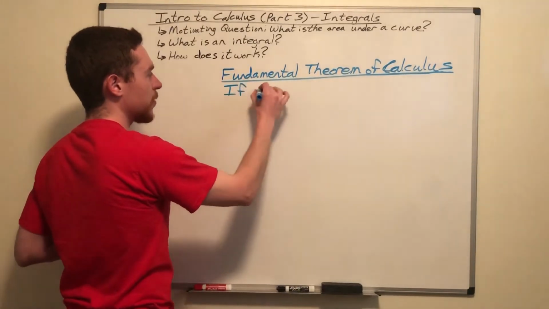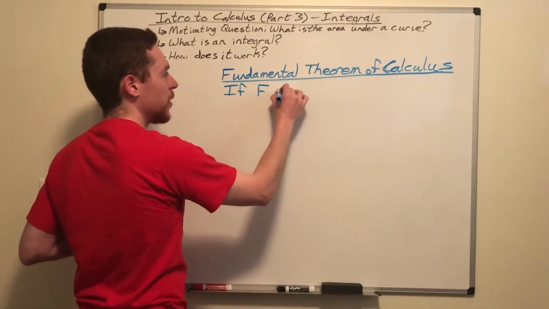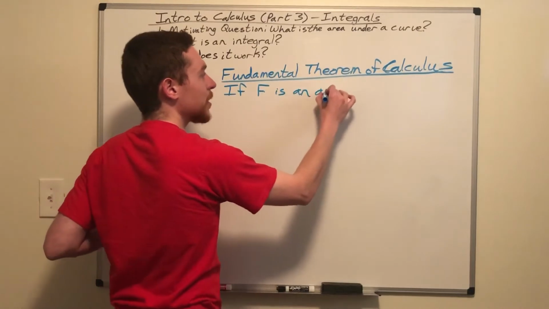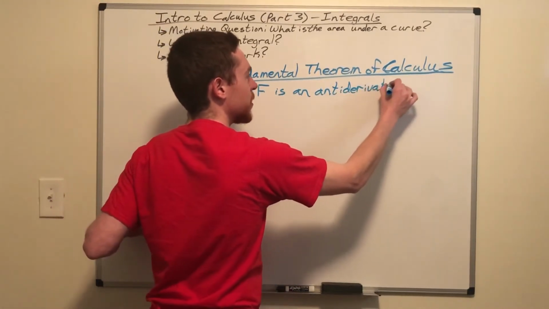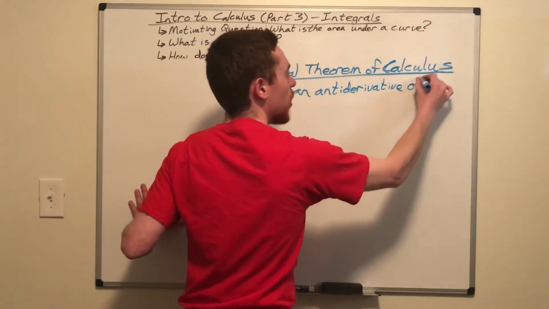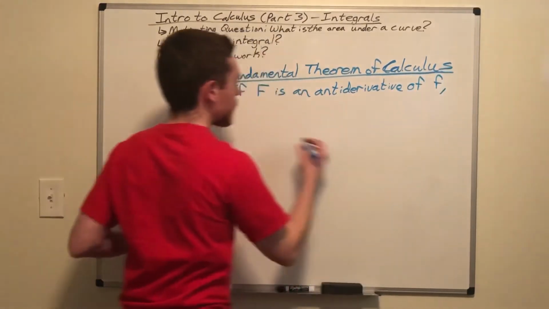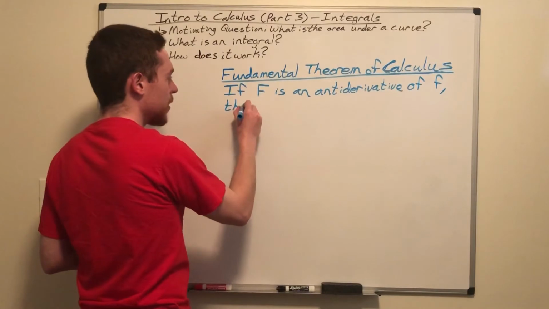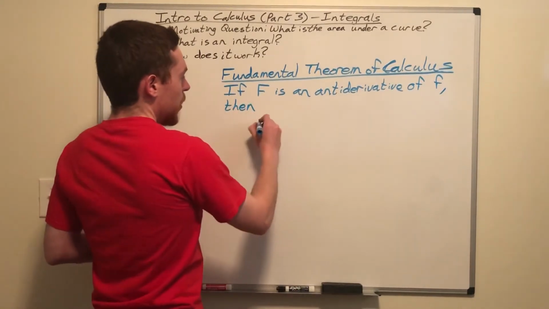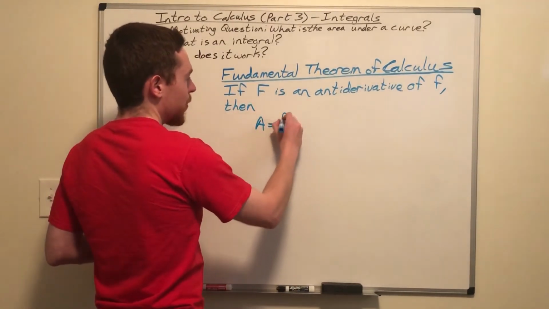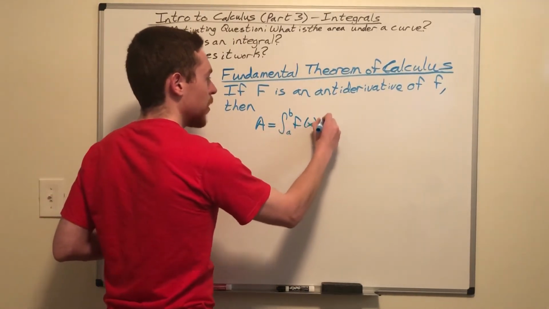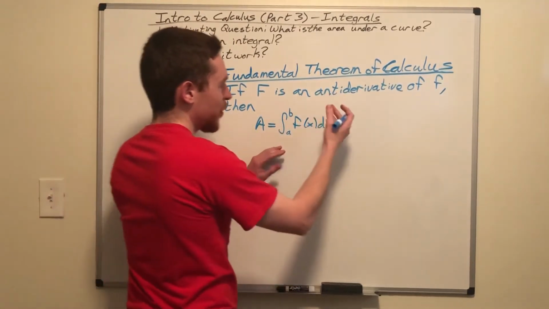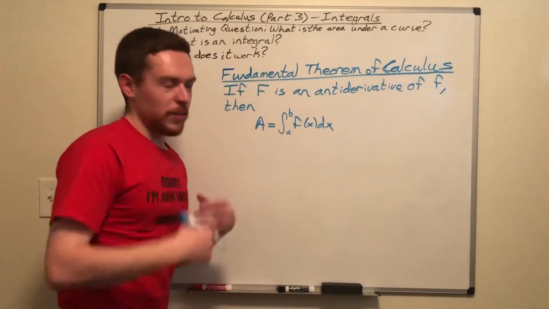It says, if capital F is an antiderivative, which I'll break down in just a second, of little f, then the area, which we define to be the definite integral from a to b of f of x dx, which again is given by that limit definition I gave on the previous slide.